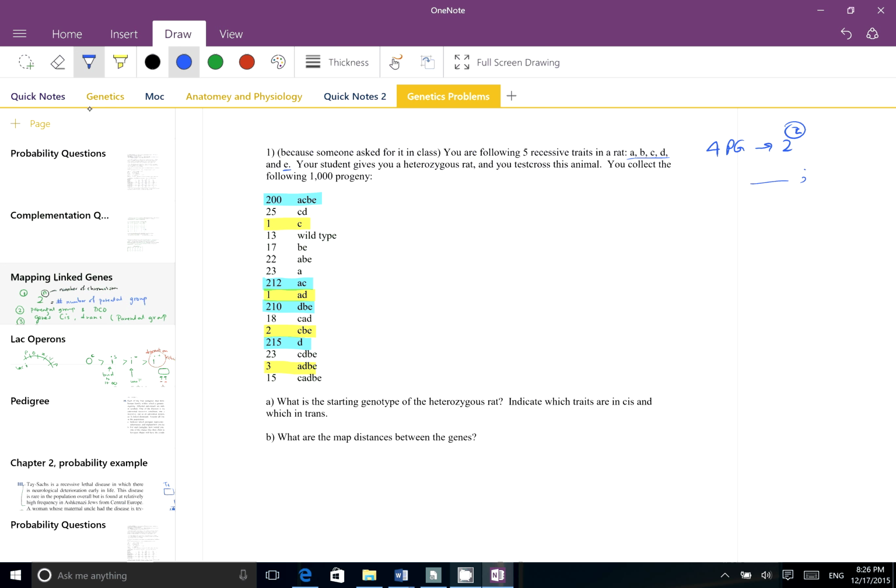What I can have is I can have A, B, C, D, 4 genes here, and then the 5th gene here. So I can have 4 and 1 possibilities. I can have 3 genes on one chromosome and 2 genes on the other one. That is it.